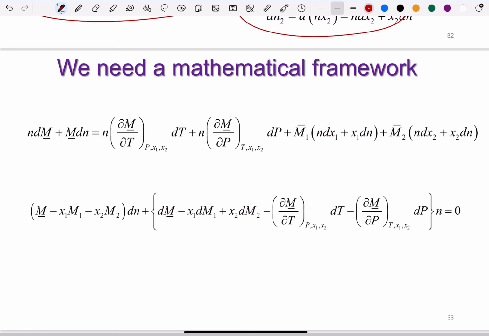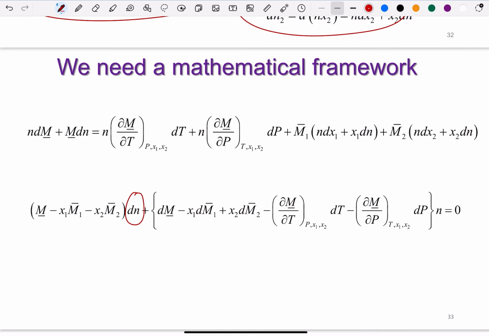In the second part, I added the x1. So I can collect terms in terms of dn, and I can have terms in terms of n. So I'm separating these two. Okay. So I know dn cannot be 0. I'm changing the number of moles. I know my number of moles is not 0.